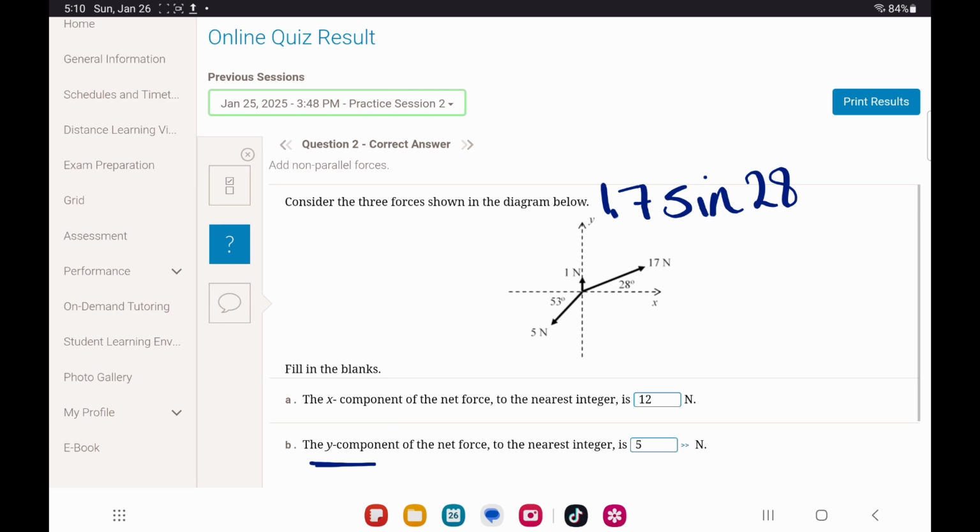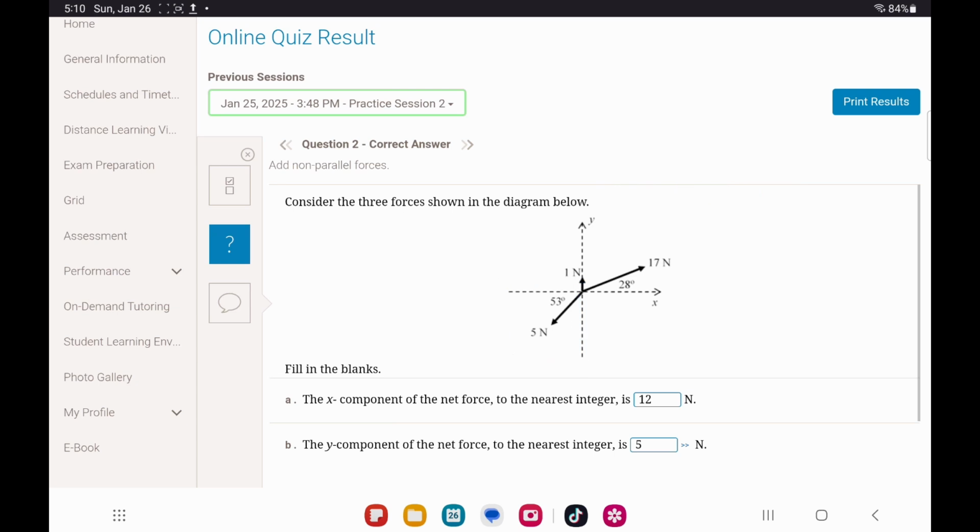You get 7.98, and so on. Then we do answer, and we know that sine here is negative, so answer minus 5 sine 53, and you get 3.98. Now let's keep that value in our calculators.